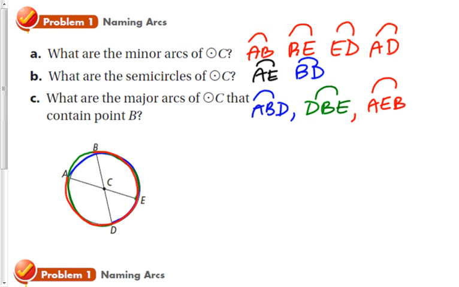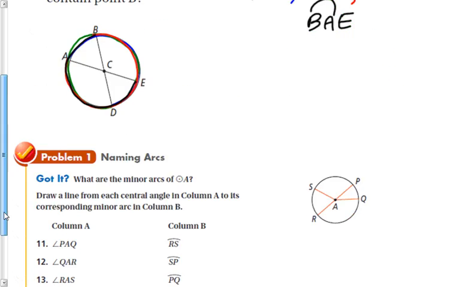And BAE is another major arc, and that would be going like this. All right, go ahead, you try that.